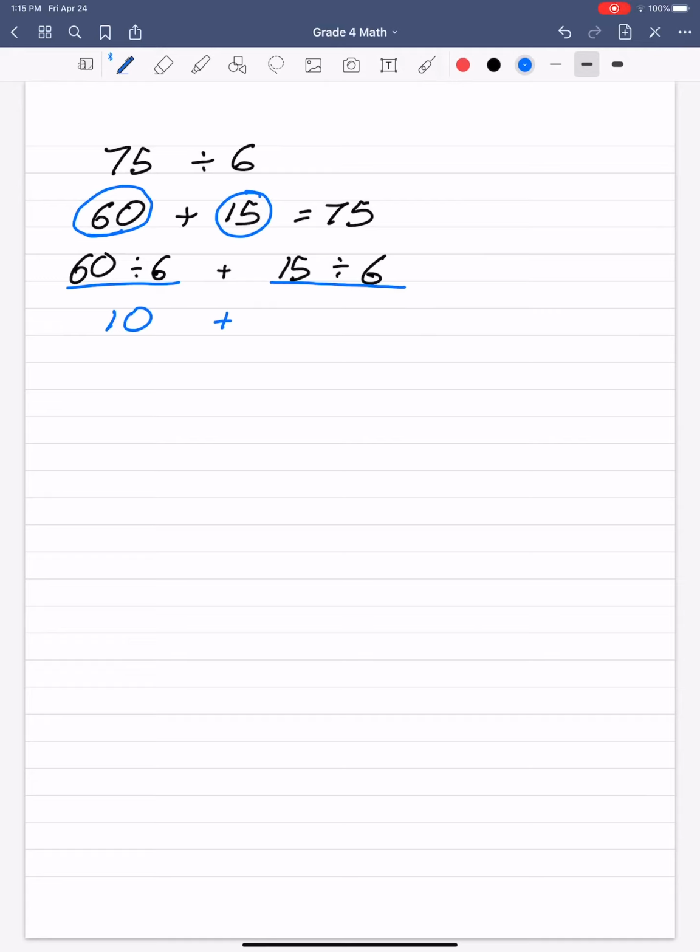So 6 times 2 is 12. So that means 12 divided by 6 is 2. And then what's left over? Well, if that's 12, then I've got 13, 14, and 15. So there's 3 left over. So it's a remainder of 3. So 10 plus 2 is 12 with a remainder of 3. So that is our answer for that one.